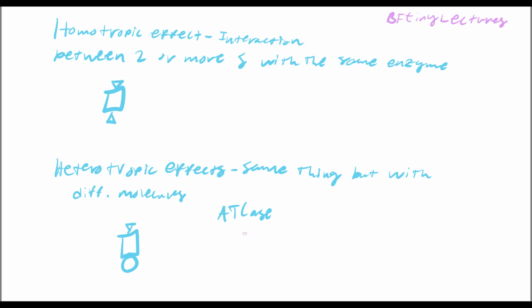Now, is ATP different from CTP? They have different letters, so yeah, they must be different. So the increase or decrease in velocity is actually a heterotropic effect. Depending on what you bind to, you're going to have a different outcome. If you bind to the ATP, you have an increase in velocity. If you bind to the CTP, you have a decrease in velocity. So these are two different substrates with two different outcomes. That is a heterotropic effect.